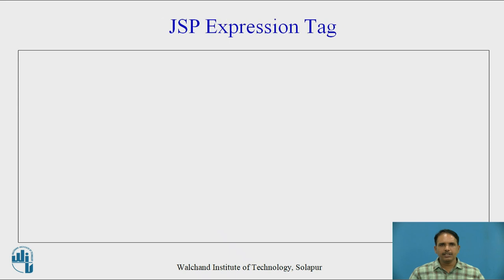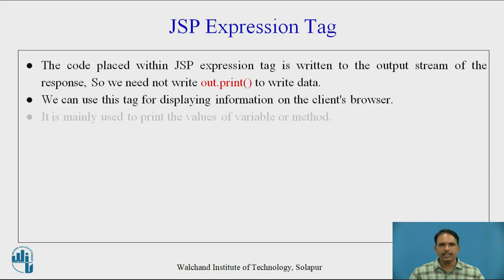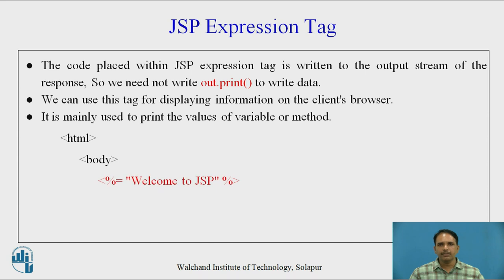Now next important tag is expression tag. So the code placed within JSP expression tag is returned to the output stream of response that we are generating. So there is no need to write out.print or out.println explicitly. So we can use this particular tag for displaying the information on the client's browser.